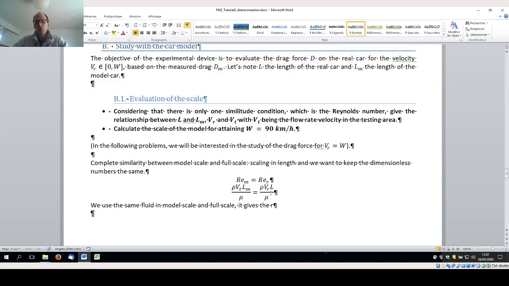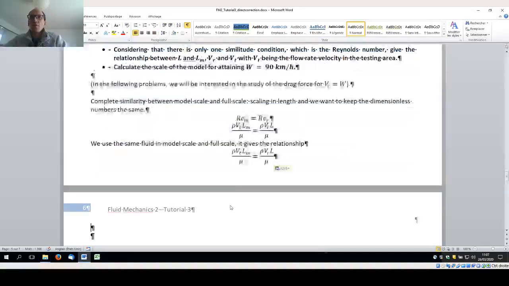So it gives a relationship between the ratio of lengths between model scale and full scale, which is equal to the ratio of the velocity of the real car over the test car.